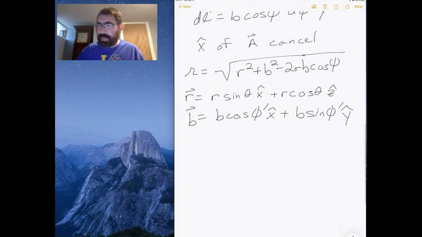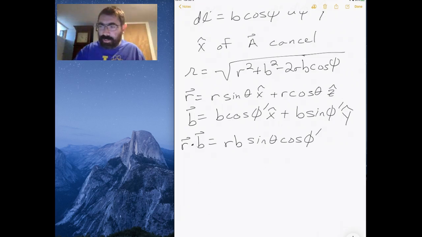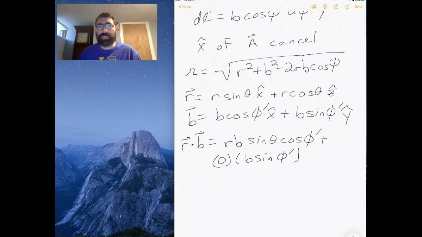And so if I put these together, r dotted into b, now in Cartesian coordinates, gives me rb sine theta cosine phi prime plus 0 times b sine phi, because there's no y component to r, plus 0 times r cosine theta, because there's no z component to the b vector.